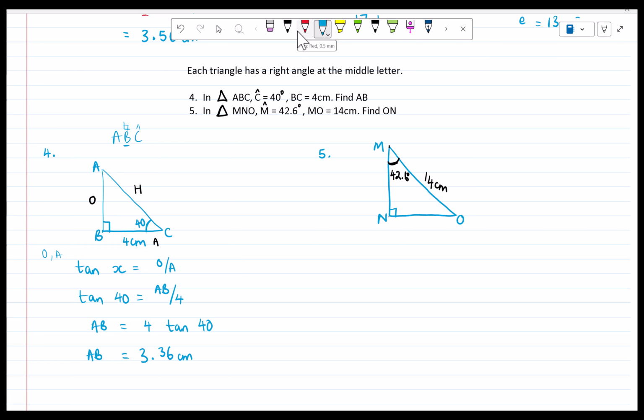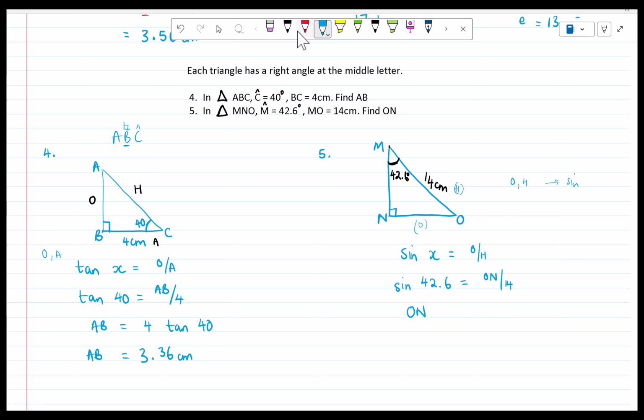So with this information, we have the hypotenuse and we have the opposite. So we're going to use the opposite and the hypotenuse, meaning that we're going to use the function of sine. And we know that sine x is equal to opposite over hypotenuse. And we have got sine, the angle that is 42.6 degrees, is equal to the opposite, that's the side you are looking for, that is ON, and the hypotenuse is 14 centimeters.